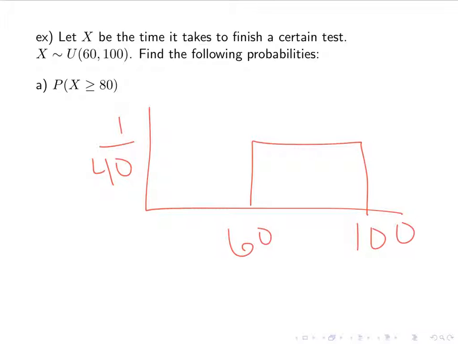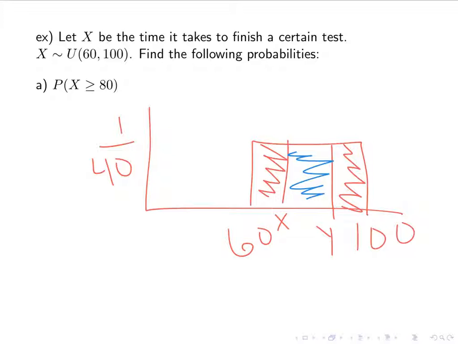And then my rectangles are going to look like either here, so some number minus 60, or it can be over here, and it will be 100 minus some number, or it can be somewhere in the middle, so it would be the y minus the x.